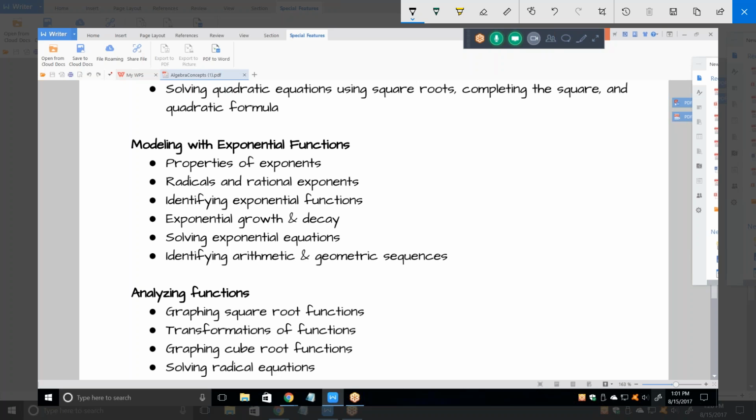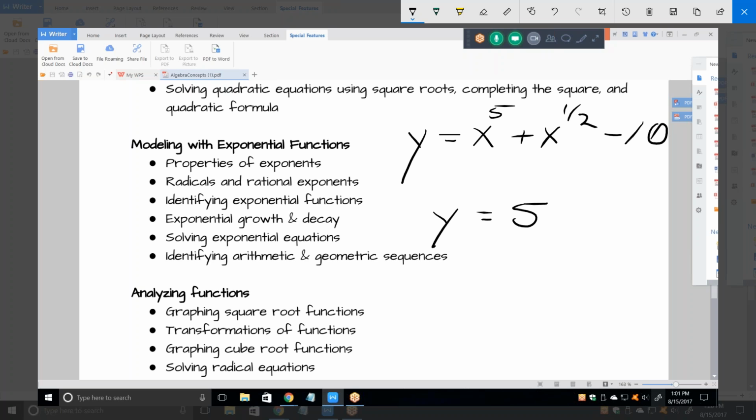Let me write some equations here, and I want you to tell me which ones are exponential and which ones are algebraic. The first one is algebraic and the second one is exponential.